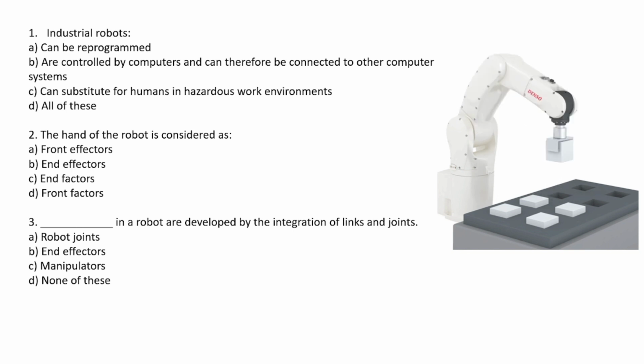Option B is given as: are controlled by computers and can therefore be connected to other computers. Here, industrial robots are typically controlled by a central computer system. Basically it coordinates their movements and operations.